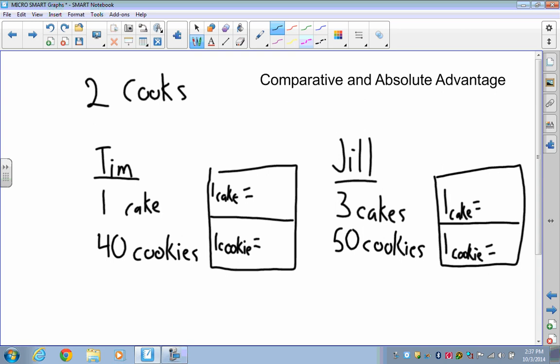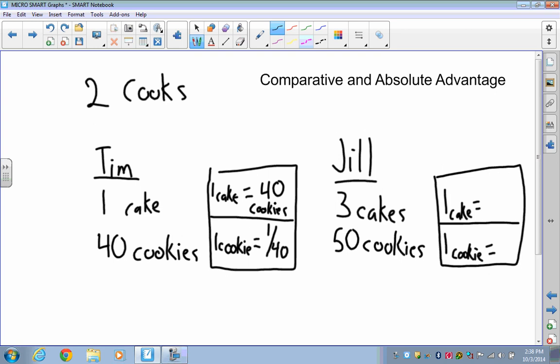Tim, the cost of one cake was how many cookies? 40 cookies. All right, so the cost of one cake is 40 cookies. How much does one cookie cost him? 1/40th of a cake. Good job. Okay.